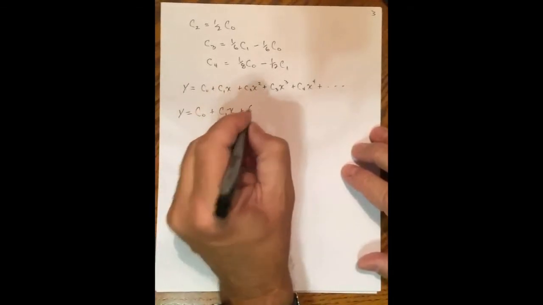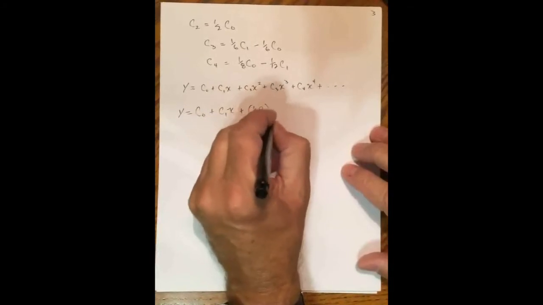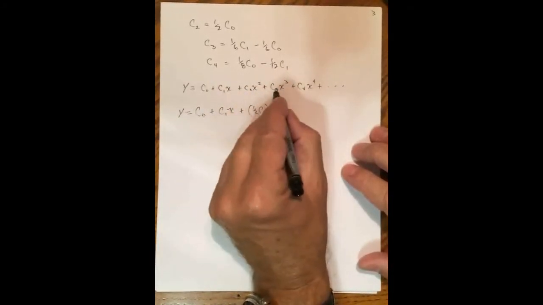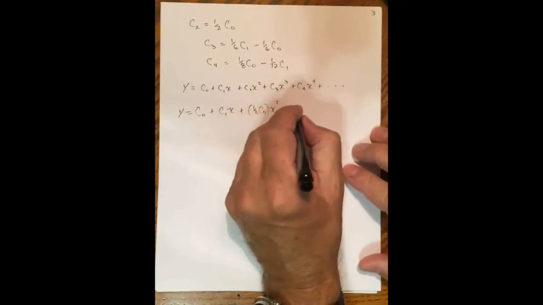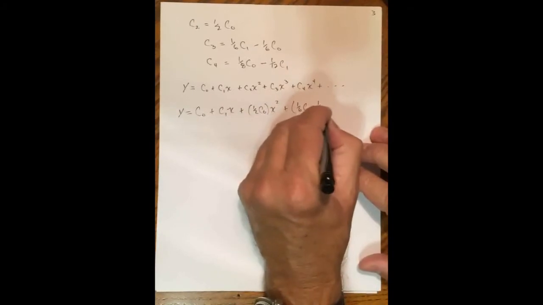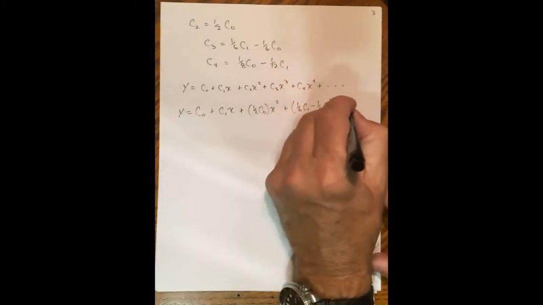And now, where I've got c sub 2, I'm going to put a 1/2 c sub 0 x squared. Where I've got the coefficient of x cubed, c sub 3, I'm going to put in 1/6 c1 minus 1/6 c sub 0.